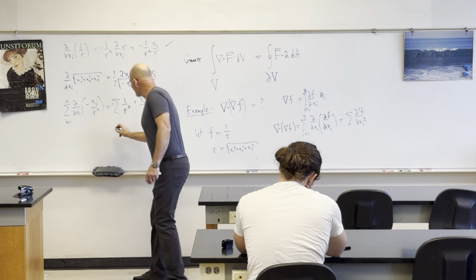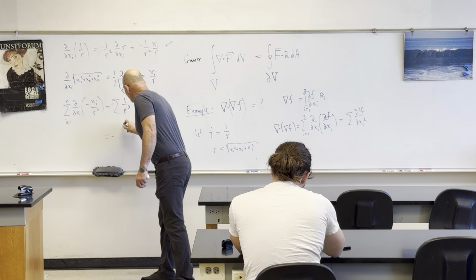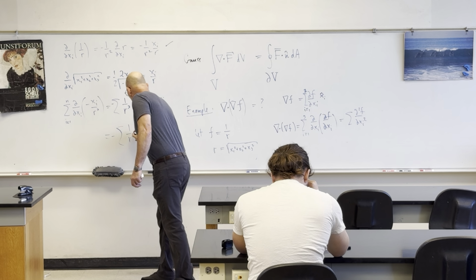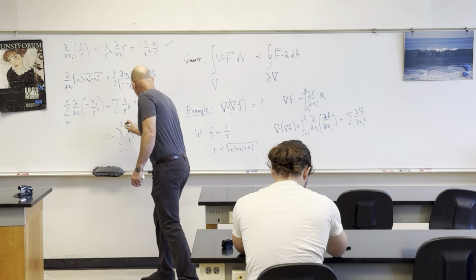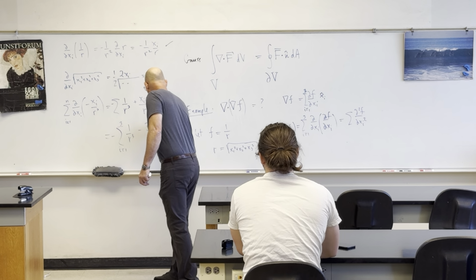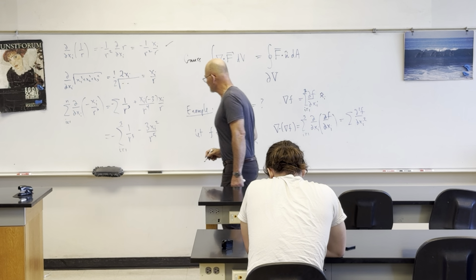So yeah, I'm going to keep the minus sign out front. And I'm going to have sum over 1 over r cubed, i from 1 to 3, minus 3 x_i squared over r to the 5th.